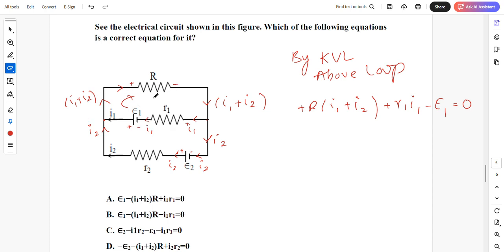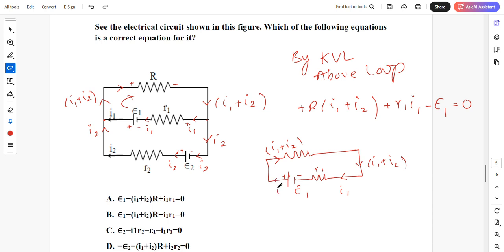Here there is R, here there is one battery, and here there is a resistor. Here I1 plus I2 is flowing, and here I1 is flowing. This is R1, this is minus, this is plus. This is E1, this one is I1.